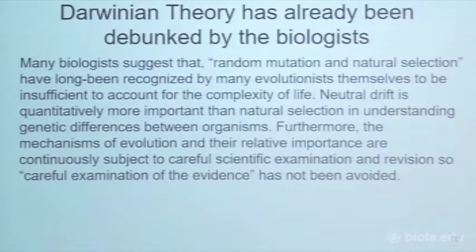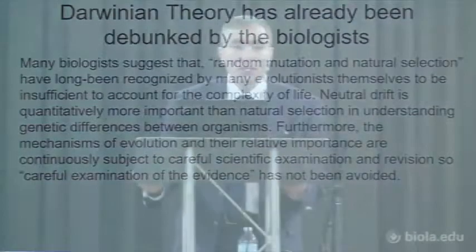So careful examination of the evidence has not been avoided. So what they say to me is, you signed this statement, but we've already known random mutation and natural selection are insufficient, and we're always carefully examining. I'm like, well, guys, why don't you sign the statement with me then? Because you agree with me. Anyway, they didn't know what I was talking about.